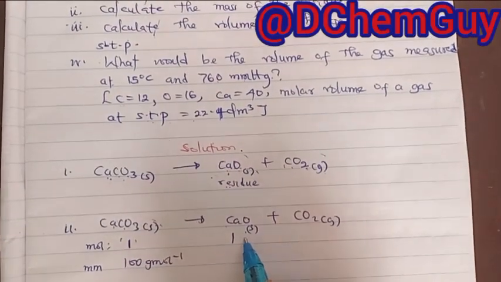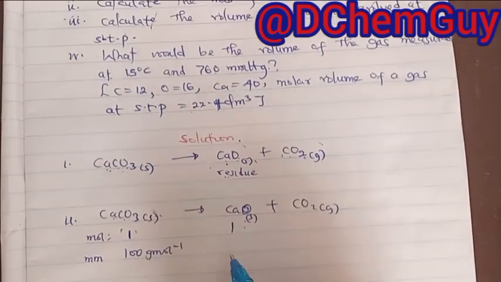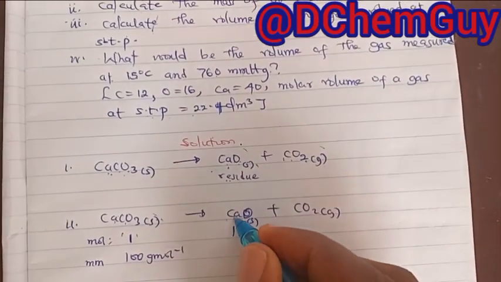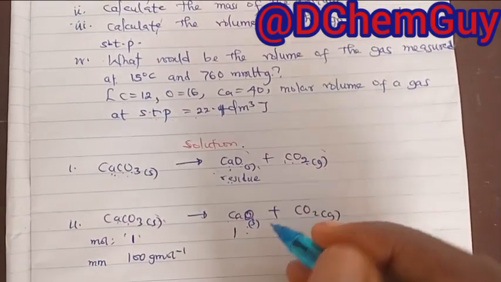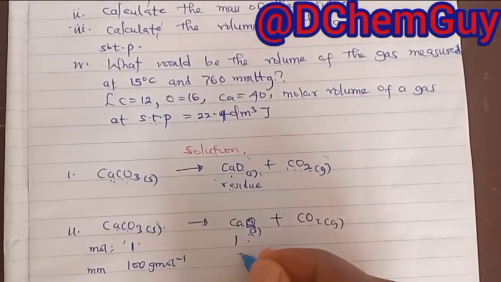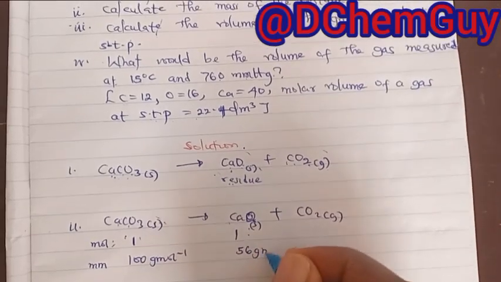For calcium oxide, that's 40 plus 16, which gives us 56 gram per mole.